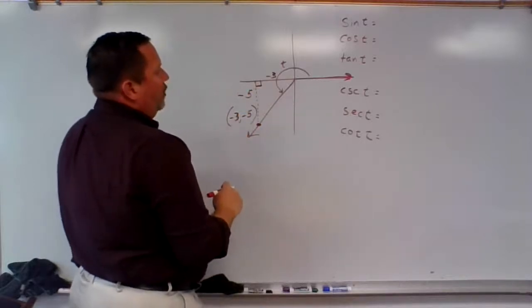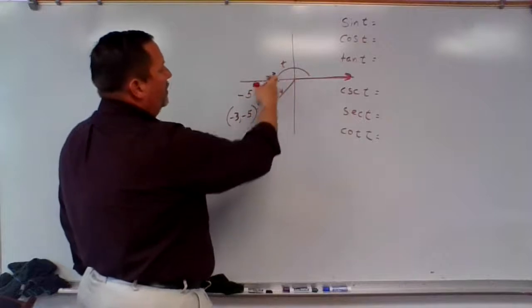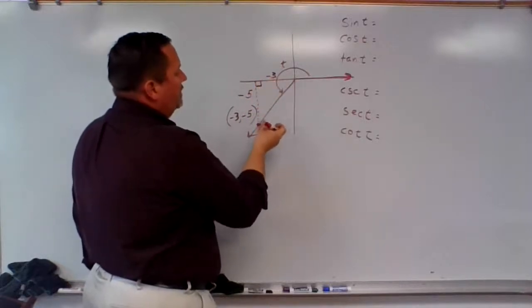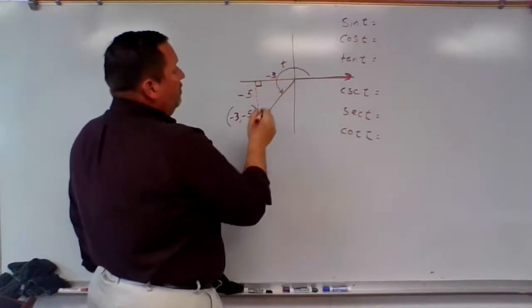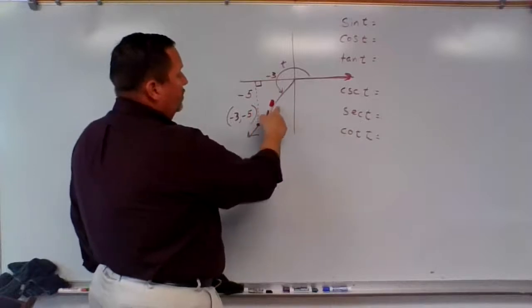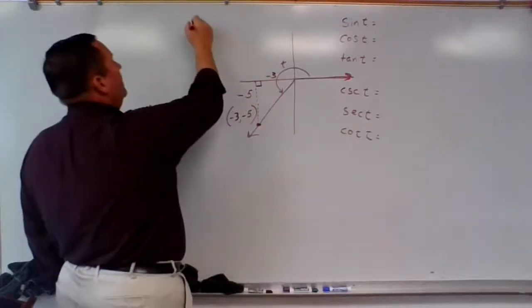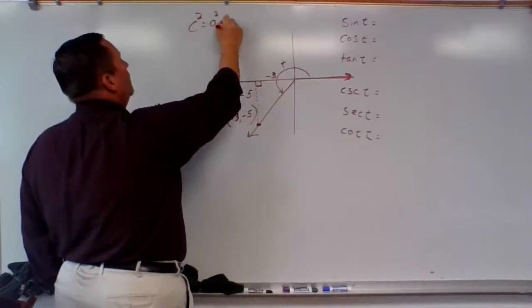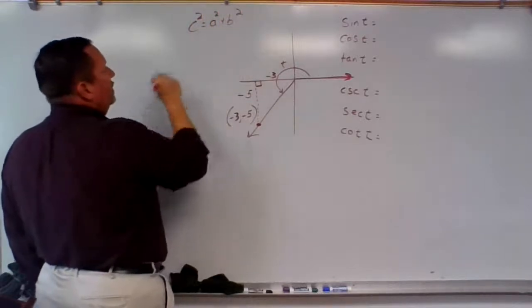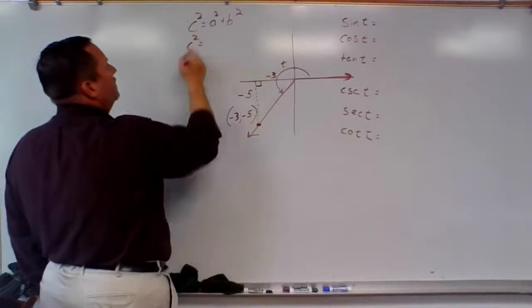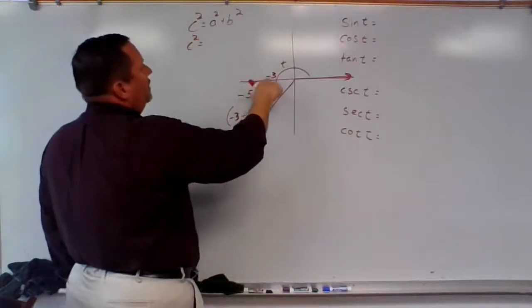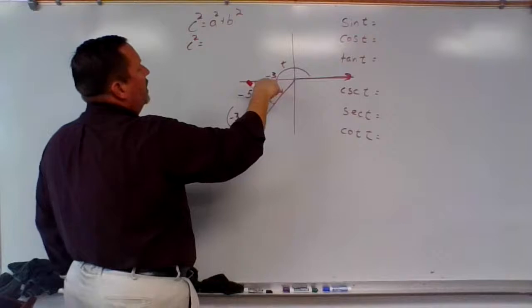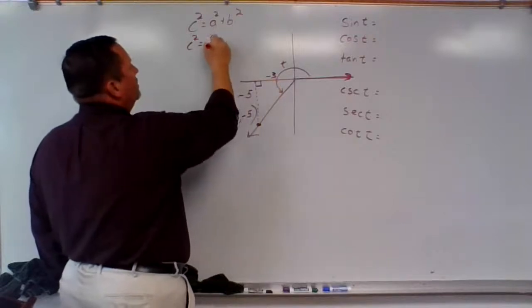And if I wanted to do SOHCAHTOA with this triangle to get some important information, I have to find the hypotenuse. And so let's do c squared equals a squared plus b squared. Now, it doesn't matter that it's negative 3 because when I square it, it just becomes 9.